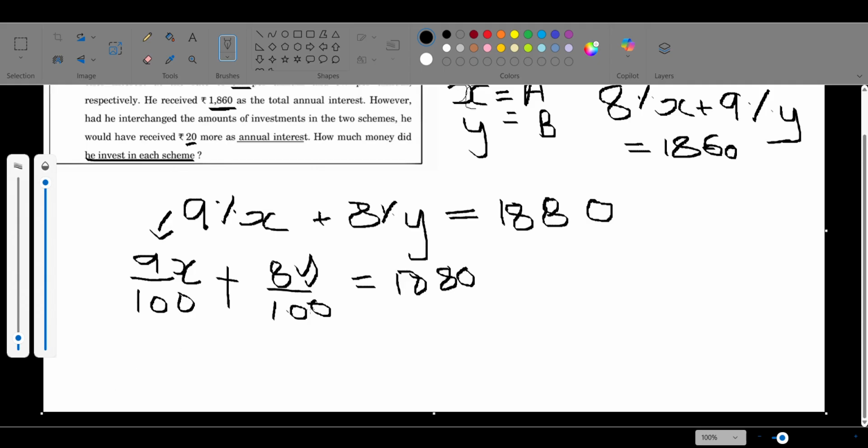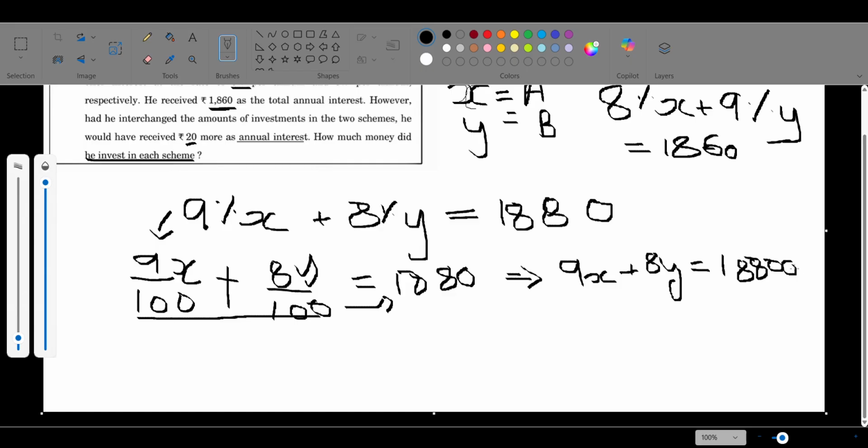Now we can simplify this because 100 is a common denominator. You just multiply, so we get the new equation as 9x plus 8y equals 1880 plus 2 zeros. So this is one of the equations we're going to solve.